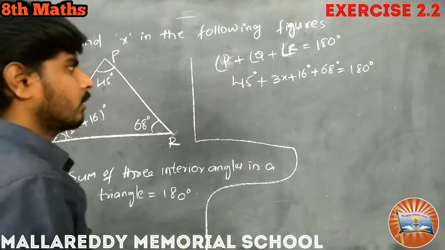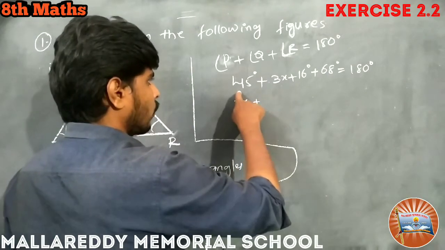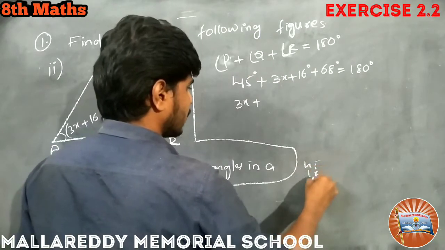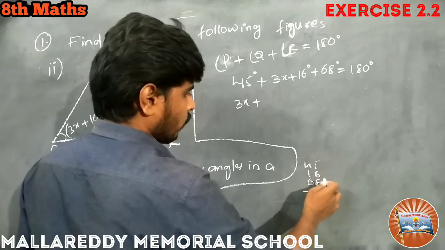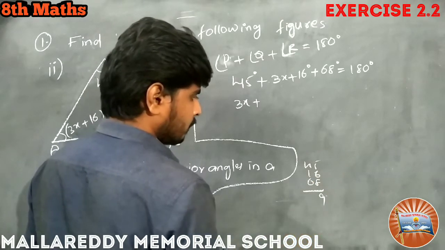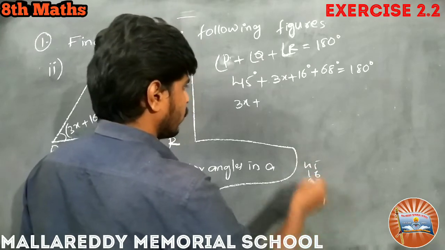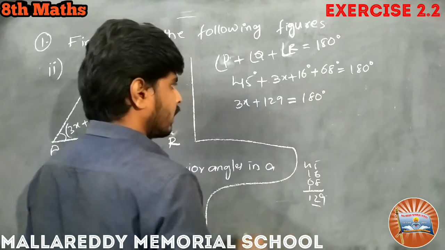Okay, right? Now 3x plus 45 plus 16 and 68, the sum of these three, is 14, 19, carry 1, 10, 12, so it is 129, equal to 180 degrees.